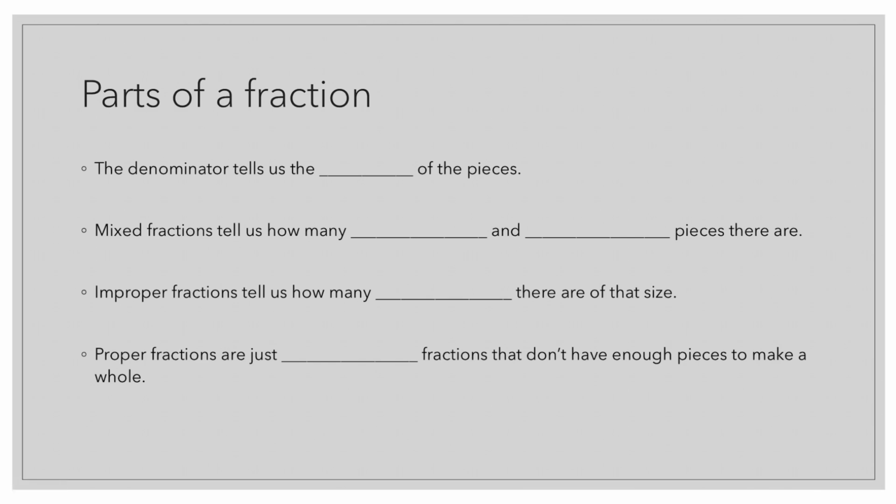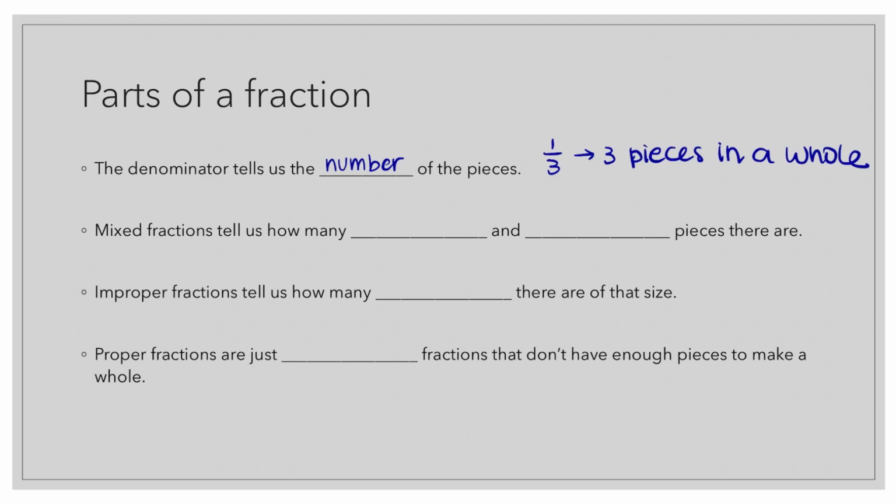So I've been using a lot of words like improper, denominator, mixed fractions. So let's go through what each part of a fraction is. The denominator tells us the number of pieces. So like 1/3 means that there's 3 pieces in a whole, for example.